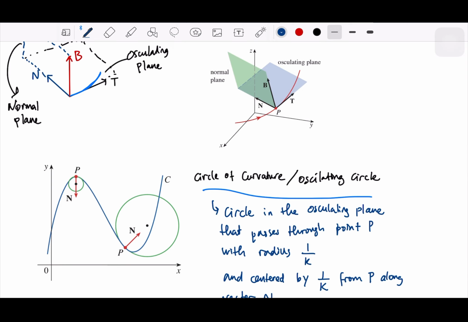So when the curvature is changing, for example, the curvature at this point should be highest, because the radius is going to be the reciprocal of the curvature. It has a small circle, so we can imagine it's like a small circle. And when we move the point, it will change.